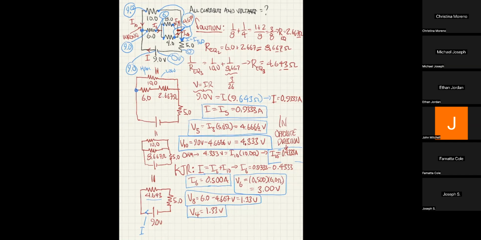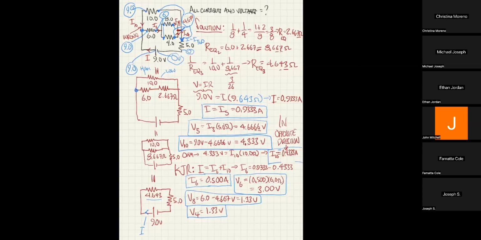So if I multiply 0.5 times 0.66666, I get 0.33333. So I expect the 4 ohm resistor is going to have 0.333 amps, and the 8 ohm resistor is going to have 0.1665.